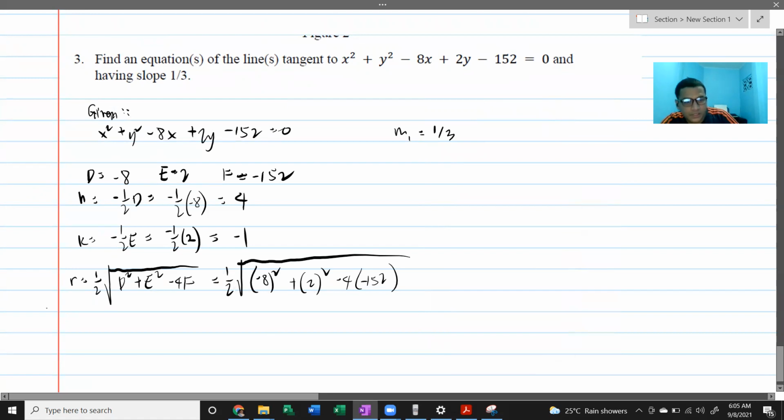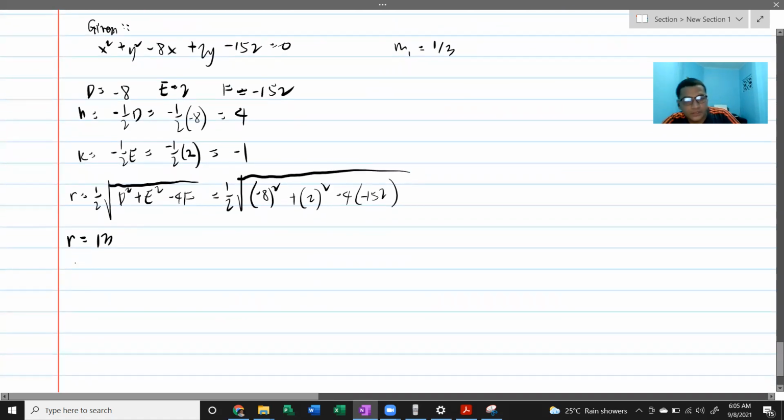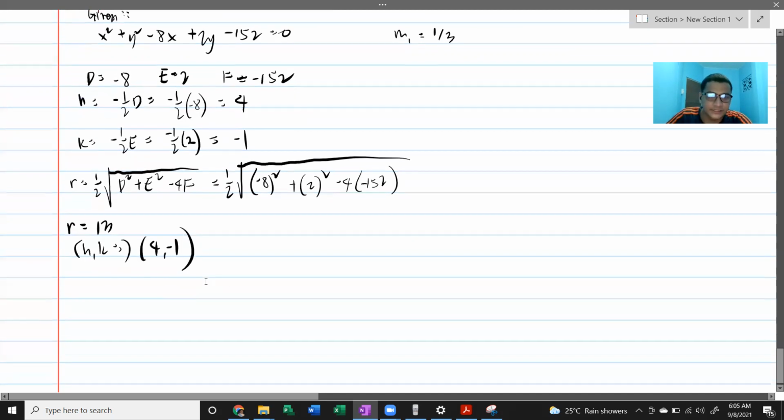Okay, 13. So our radius is equal to 13. Now, our center is at 4 and -1, and our radius is 13. We can now graph the circle, class.